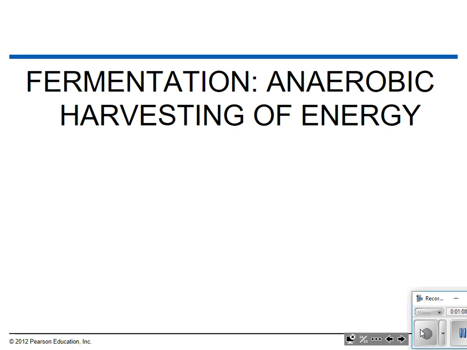Through cellular respiration, we get our energy from an aerobic cycle. But we can also get some energy from anaerobic cycles. Okay? We can get anaerobic energy too. Now, it is not nearly as much, but we can do it.